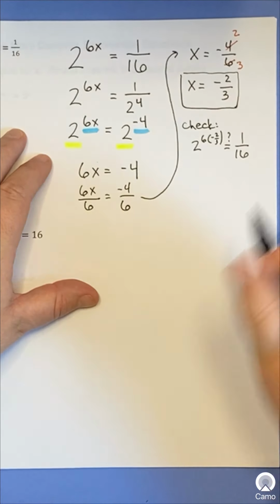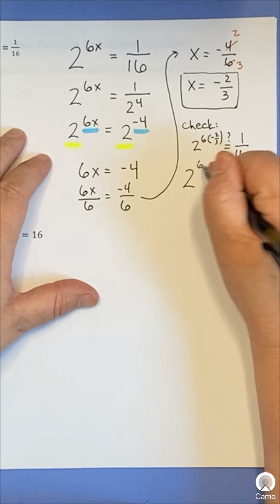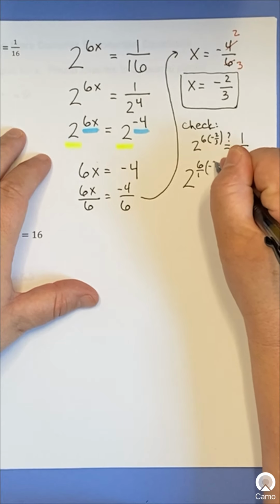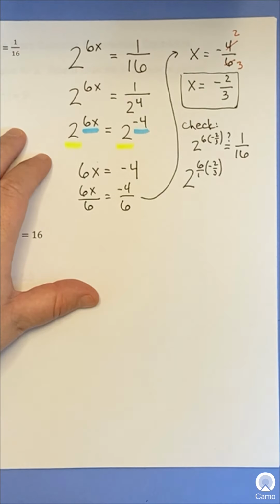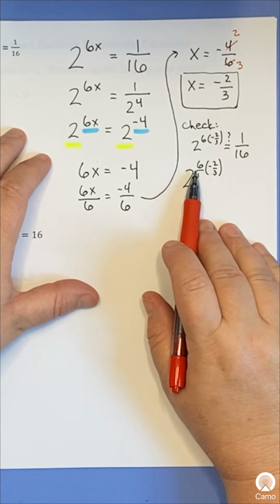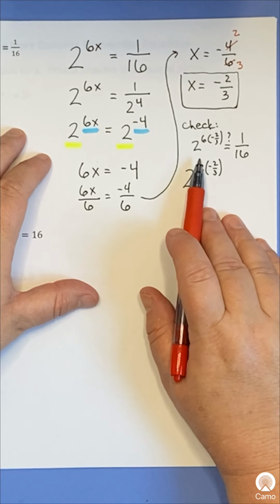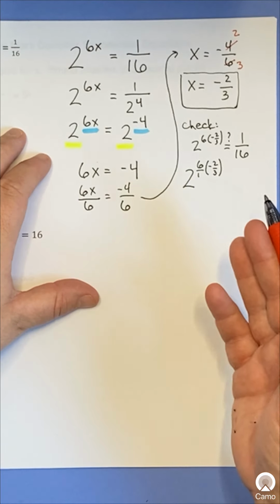Equals 1/16. Okay, so let me write this big. I've got 6 over 1 times negative 2/3. Okay, so what's going to happen there? Well, when you multiply like this in the exponent, you can go ahead and cancel just like regular old fractions. The fractions here work just like regular fractions.